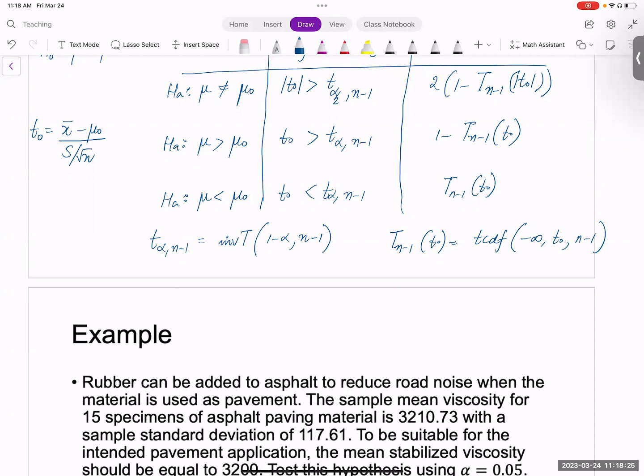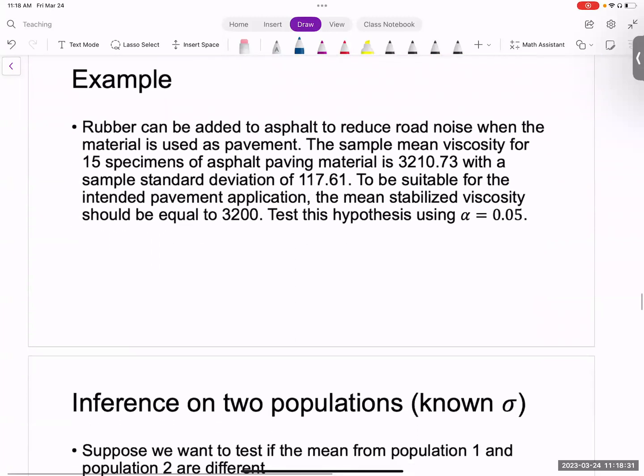Right, so now let's do a quick problem based on this example where your variance is unknown. The example says rubber can be added to asphalt to reduce road noise when the material is used as pavement. The sample mean viscosity for 15 specimens of asphalt paving material is 3210.73, with a sample standard deviation of 117.61.